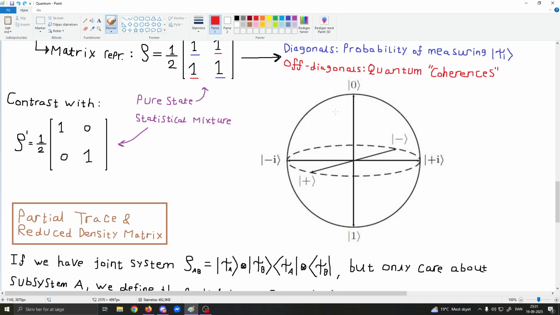That can be interpreted as saying that you have a vector which is halfway pointing towards state 0 and halfway pointing towards state 1. Now, two vectors pointing in opposite directions but with the same magnitude, which is a half, are going to cancel each other out.